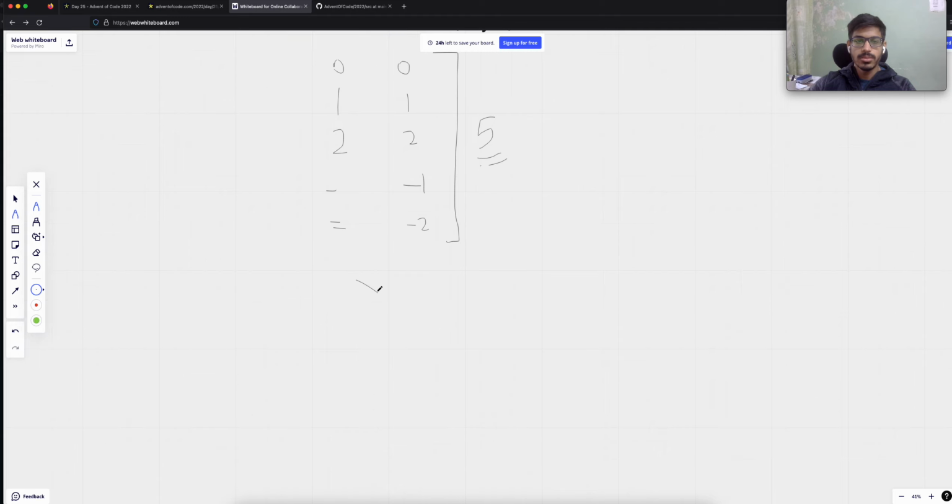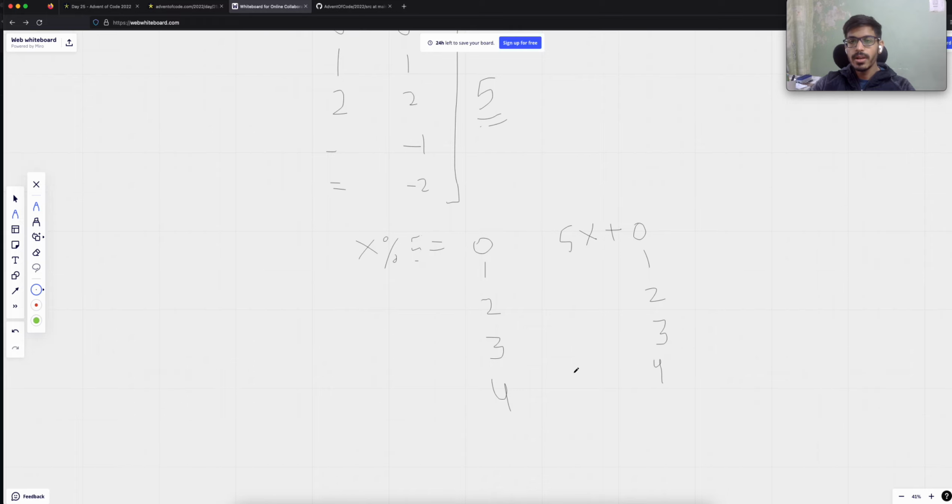So okay, let's assume with an example, if we take any number and take its remainder with 5, we can get 0 if it is a multiple of 5, 1, 2, 3, or 4. So 0 basically means it is 5x plus 0, and this means 5x plus 1, this is 5x plus 2, this is 5x plus 3, and this one is 5x plus 4.